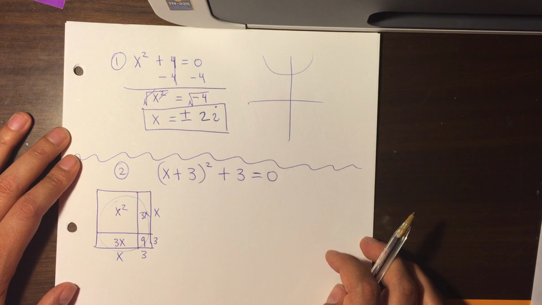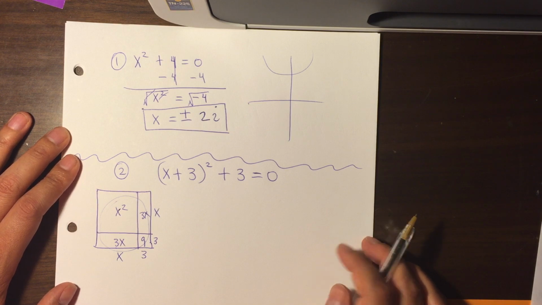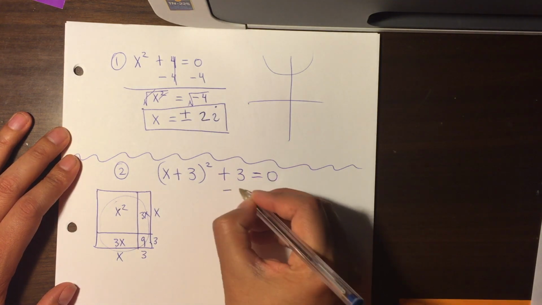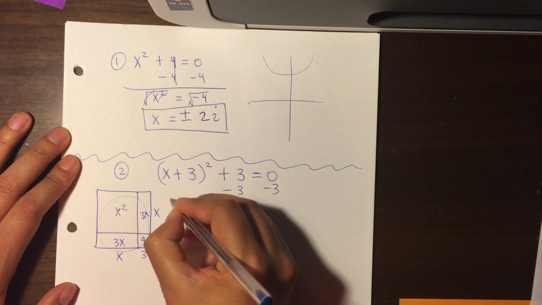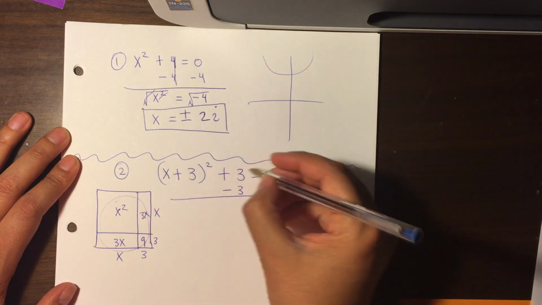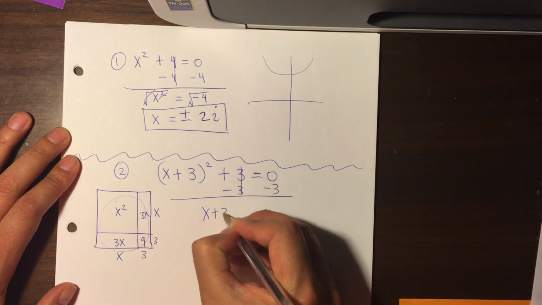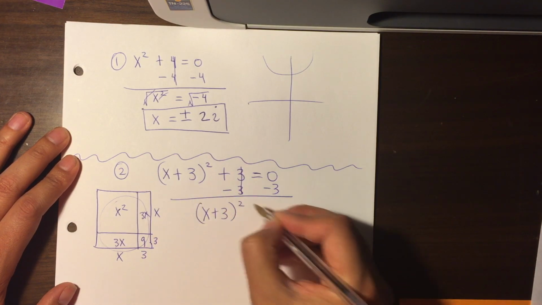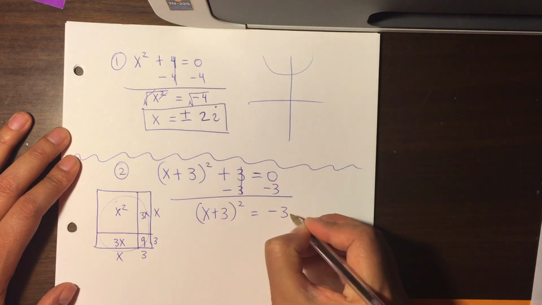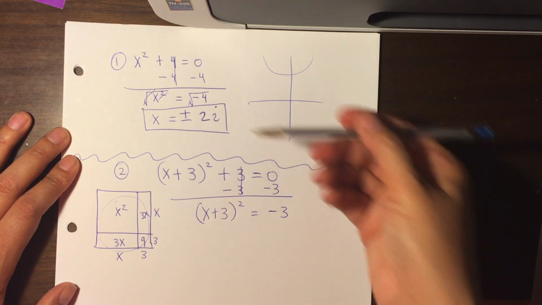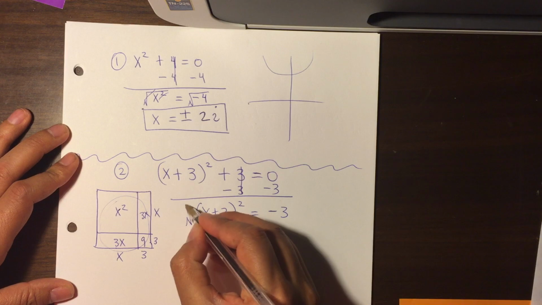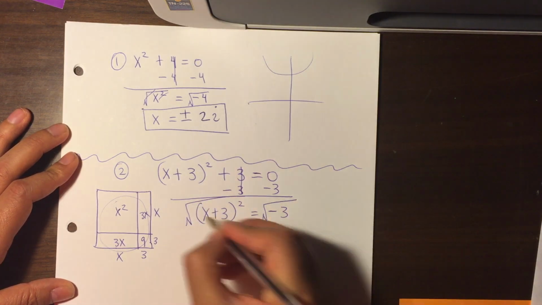Okay? You might say, what? Again, we're going to cancel this 3 here to start solving for x. And so we have now x plus 3 all to the second power equals -3. So this is going to be helping us once we solve by completing the square.